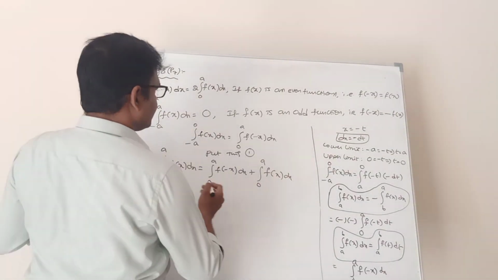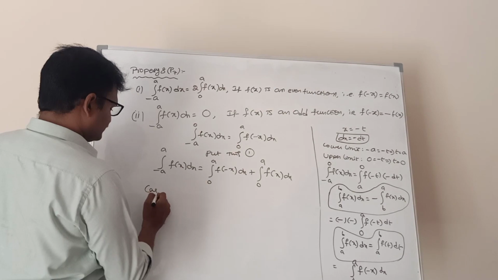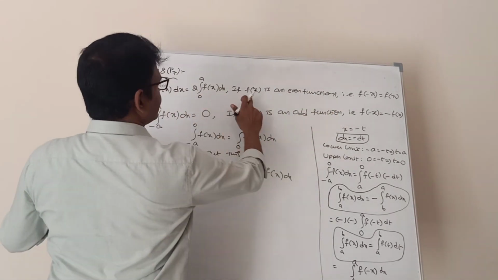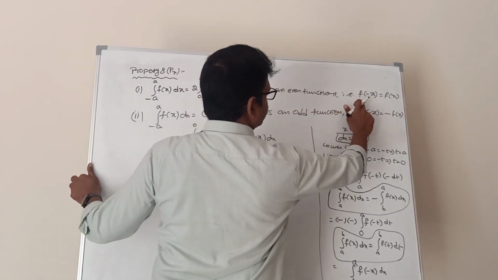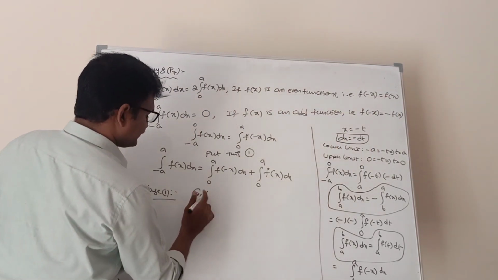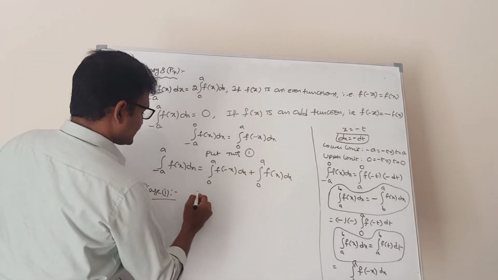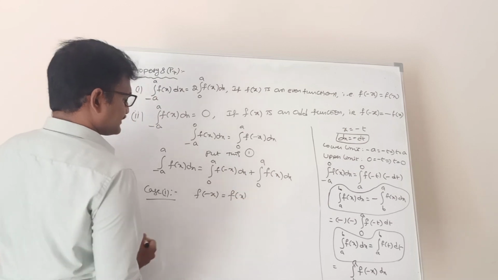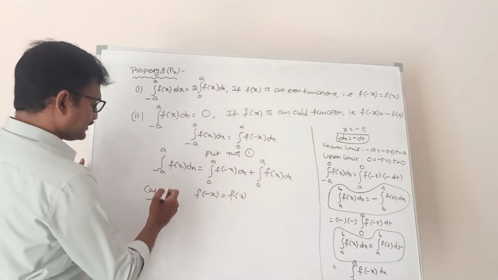Next, case 1. What is case 1? Case 1 is if f of x is an even function, that means f of minus x is equal to f of x.